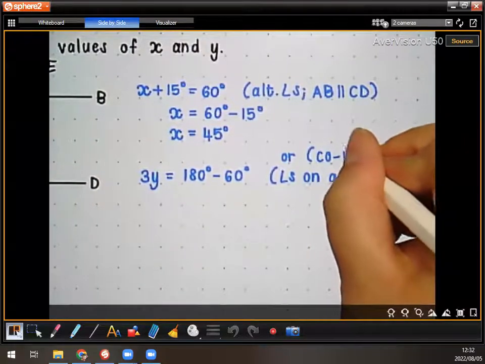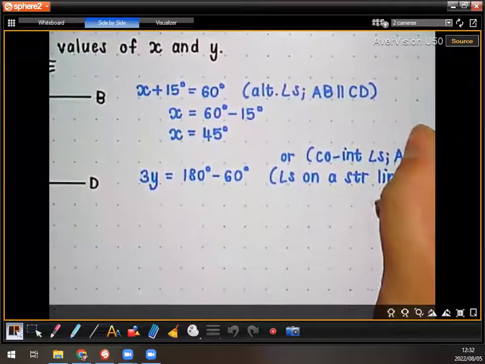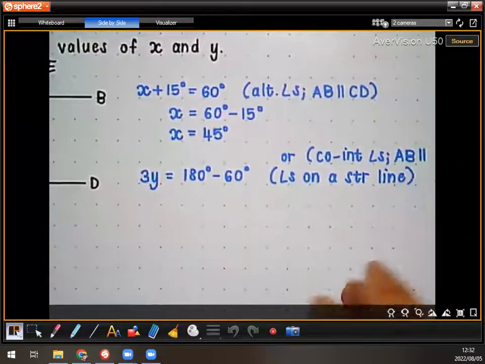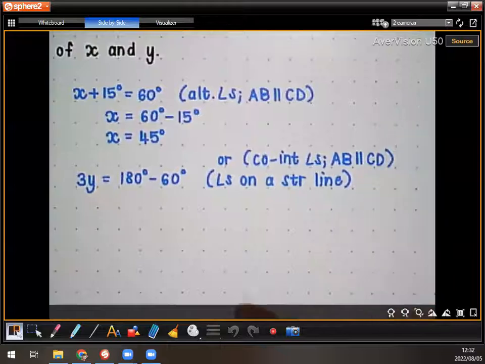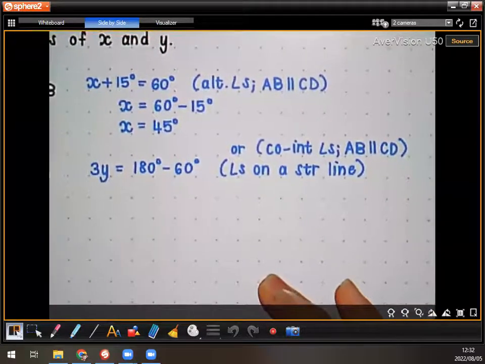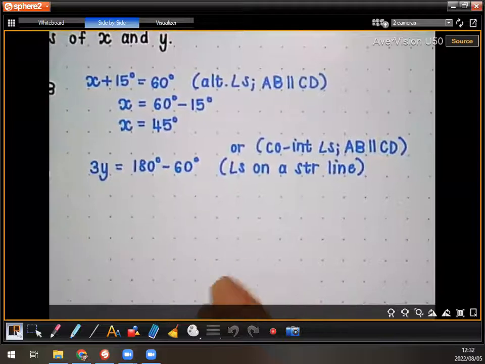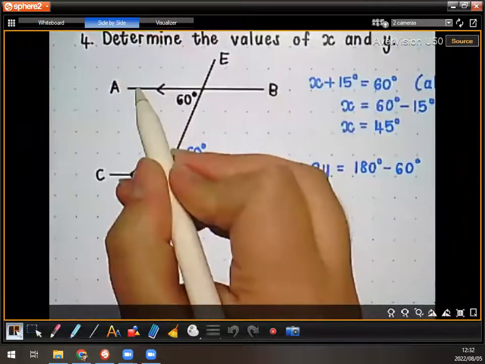So look at that option now. A, B parallel to C. Go back to the picture now to show you how that works. For interior, that's the C shape, right? So I'm looking at the shape over here.